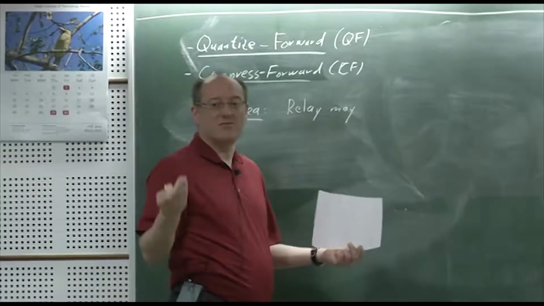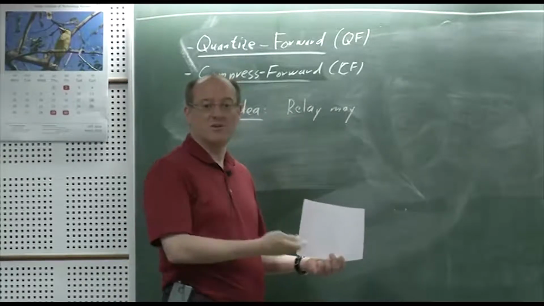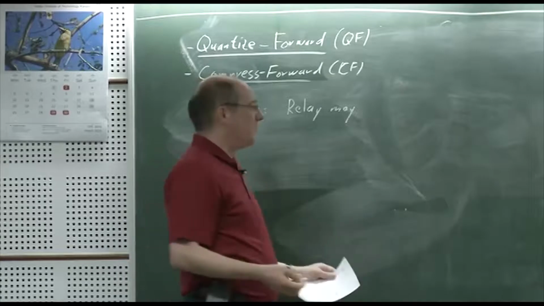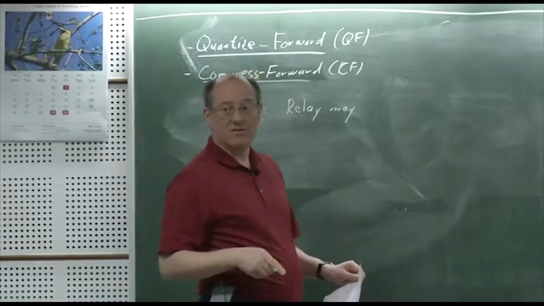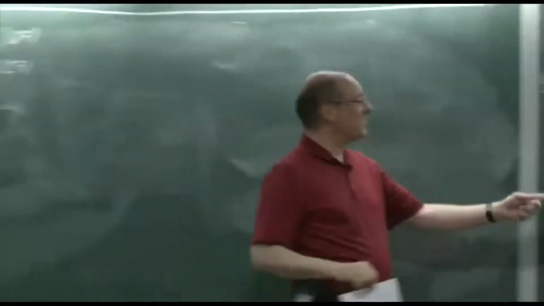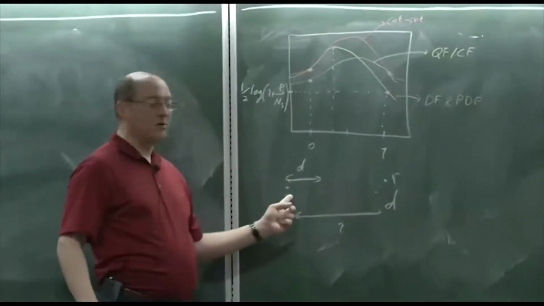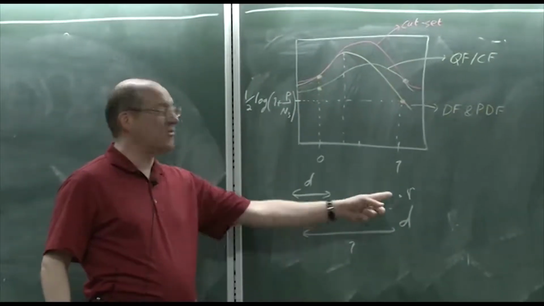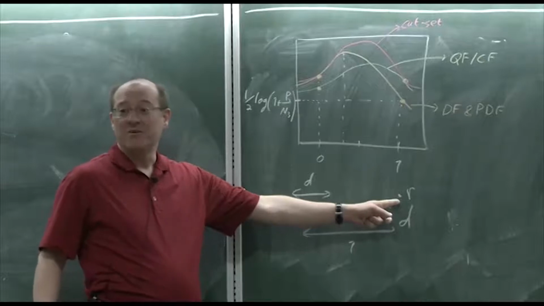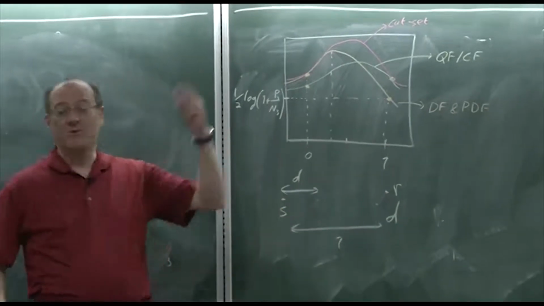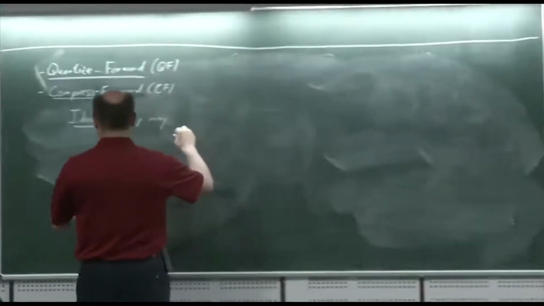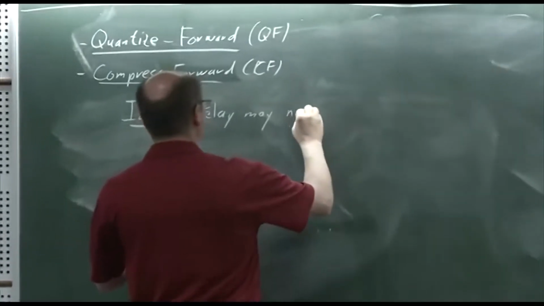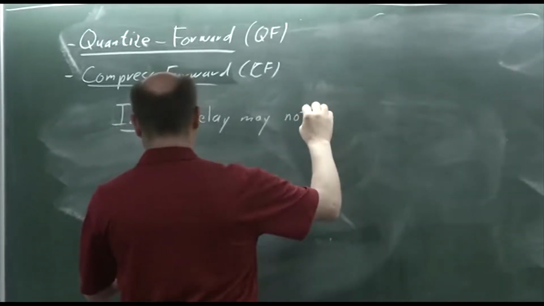So the relay doesn't have to know much to do this. It can operate autonomously. Of course, the destination needs to know what's happening. And not only can the relay operate without knowing what protocol S is using, S doesn't even have to know the relay is there, and you might still get a rate boost. Okay, so there are some advantages to this approach, but there are also some disadvantages.